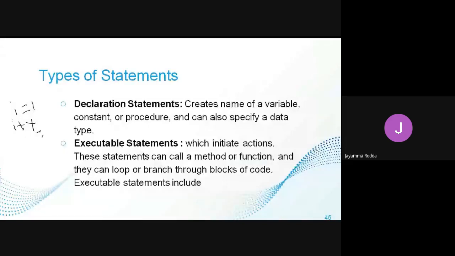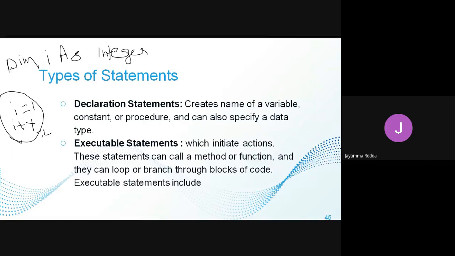I will be 2. That is an executable statement, whereas a declaration statement is when I declare this particular variable I, Dim I As Integer. This is a declaration and that is an executable statement.